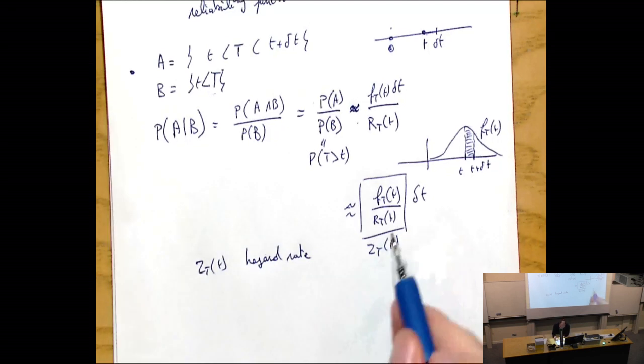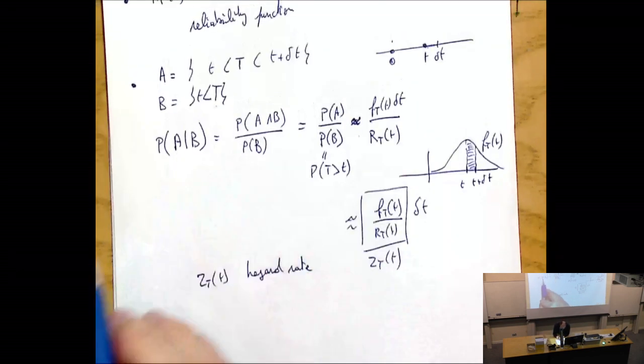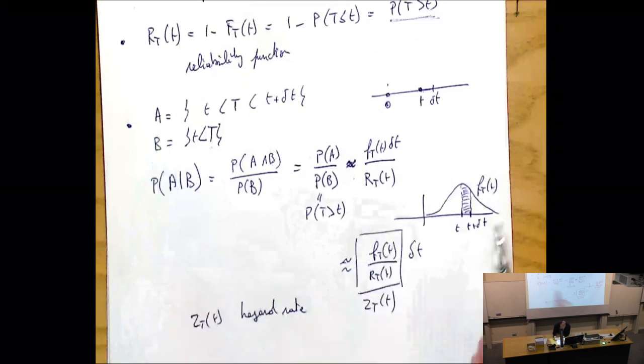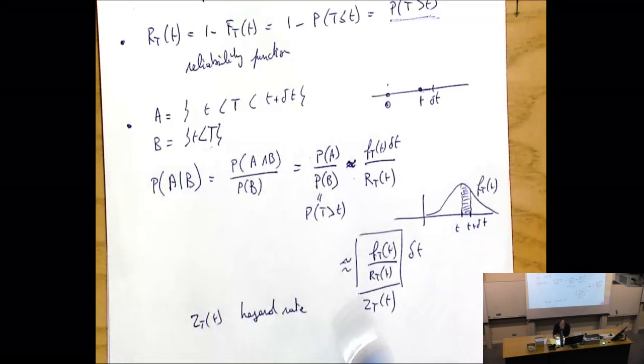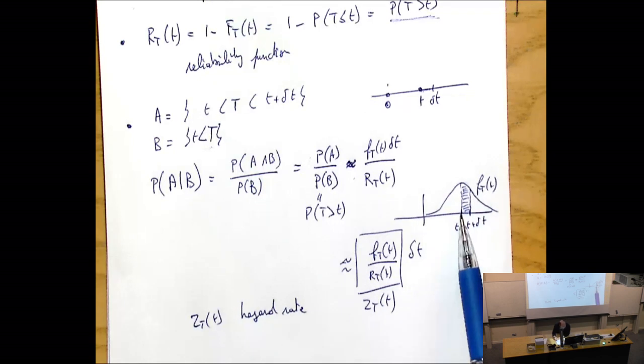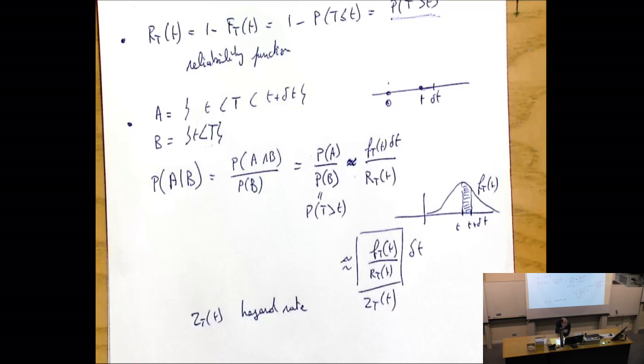You're looking at the probability that the system fails within this tiny time interval, given that it has operated correctly until time t. So you're looking at the probability that it's really going to fail in the next delta t time instant.